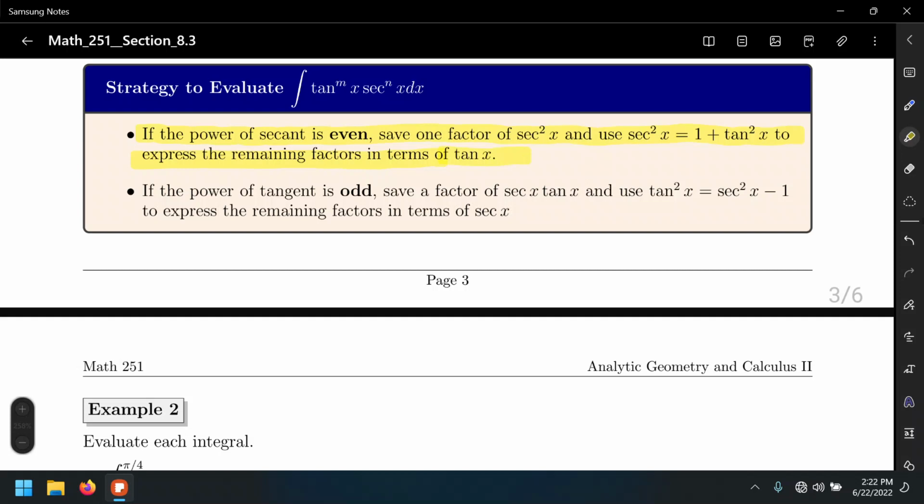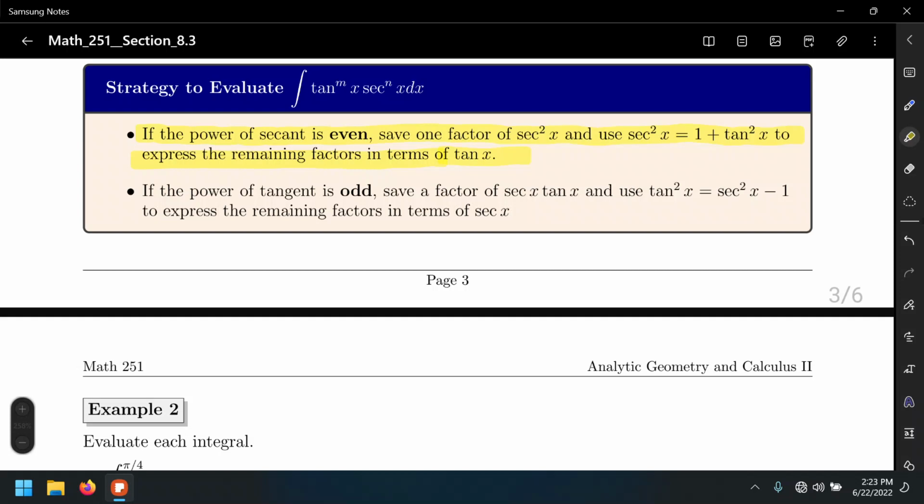That's because secant squared is the derivative of what function? Tangent, and then we would use this identity to represent everything in terms of tangents. In just the same way that we saved the power of sine and left everything in terms of cosine, because the derivatives of cosines are sines, and that's the u du part. So same here.